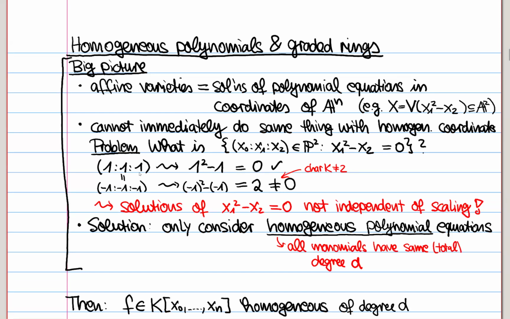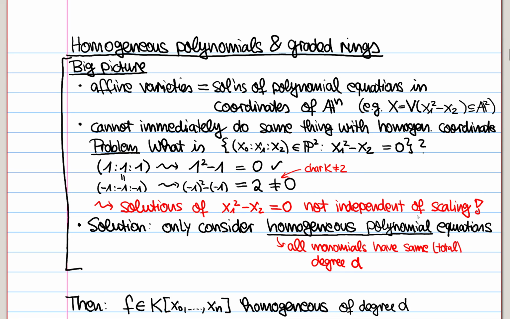On the other hand, this is the same point as the point (-1, -1, -1), just scaling everything by the scalar minus 1. And if you plug these coordinates in, you see (-1) squared minus (-1). And this gives you 2, which is non-zero, at least if the characteristic of the field is not 2. And so somehow being 0 or non-zero is not independent of which representative you pick here.